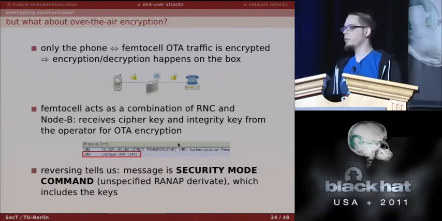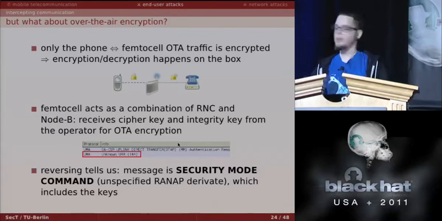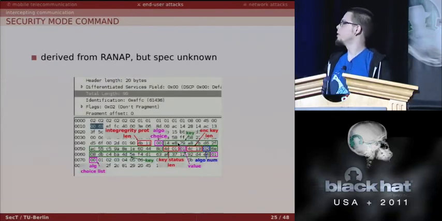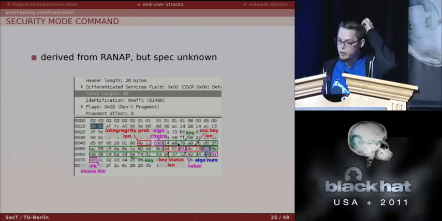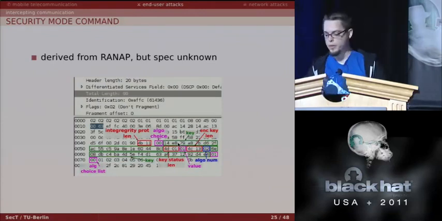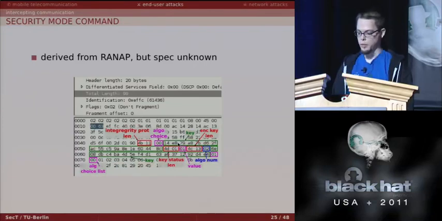But by reversing the binary, we found out that this is actually kind of a RANAP derivative, and this is a security mode command message. If we look at this message, we see that it contains the various key parts required to do the over-the-air encryption with the phone. So yeah, that's all done by the box.